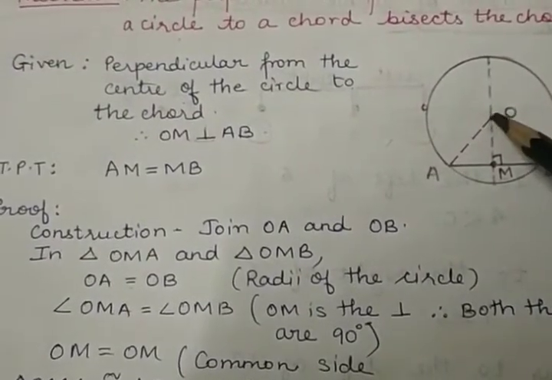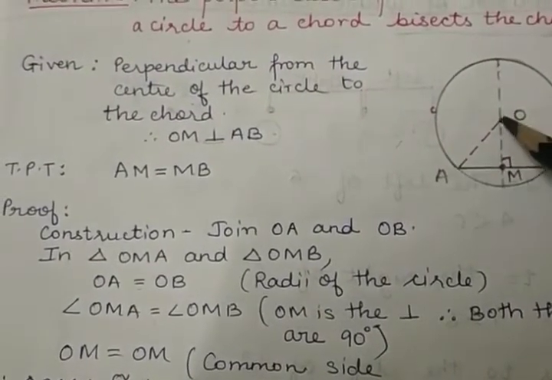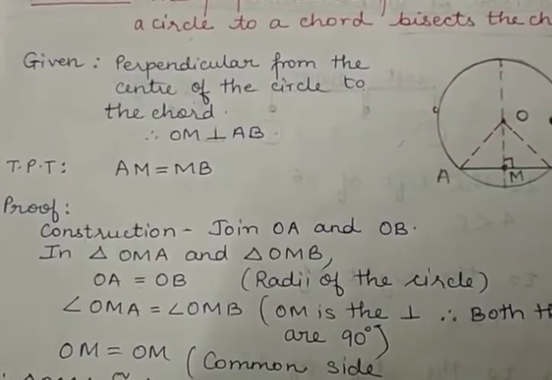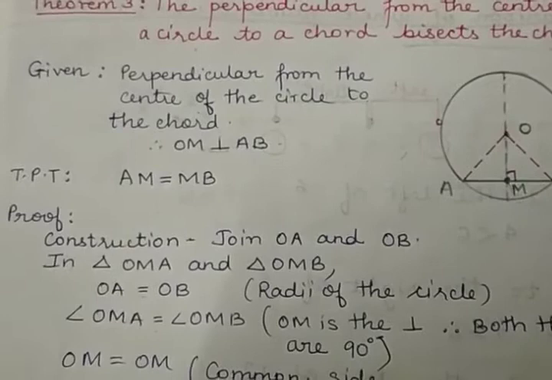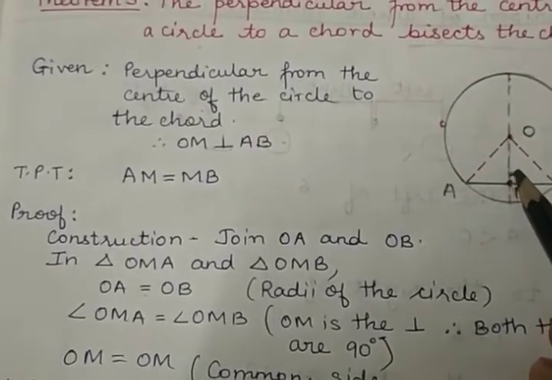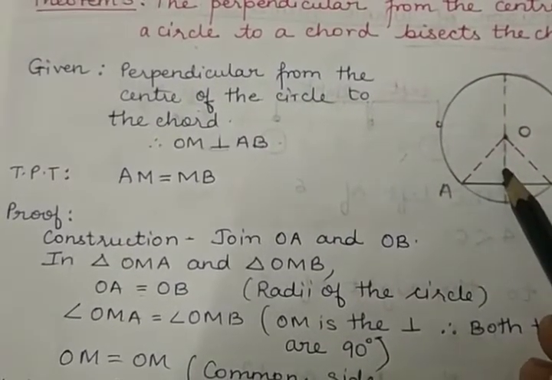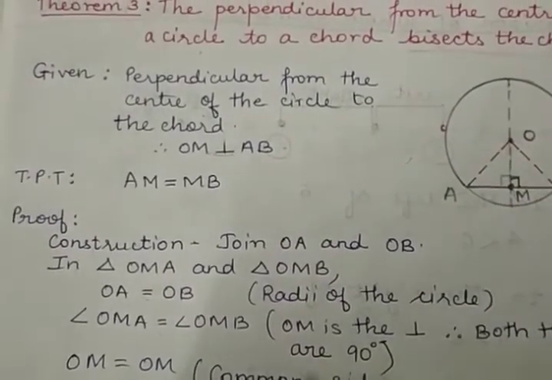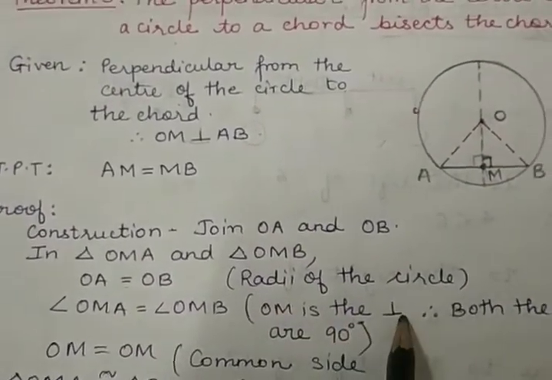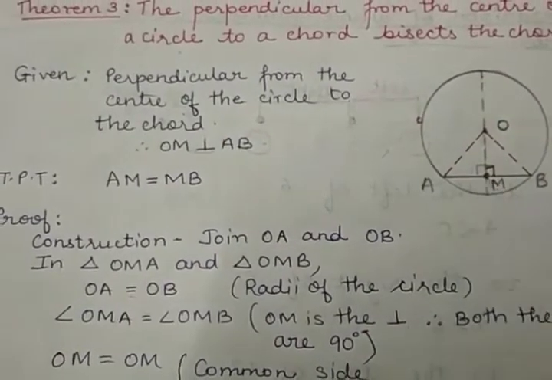Now angle OMA is equal to angle OMB. Why? Because it is already given that this is a perpendicular drawn to AB, so both the angles will be 90 degrees.